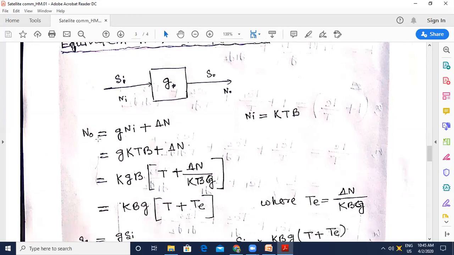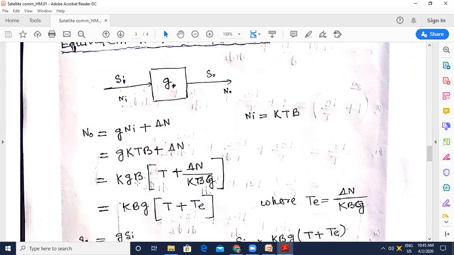As you know, N0 is basically G times Ni, that means the input noise multiplied by G, plus delta N, the noise introduced by this device. So G times kTB, because Ni is the noise power, here it is kTB, plus delta N.